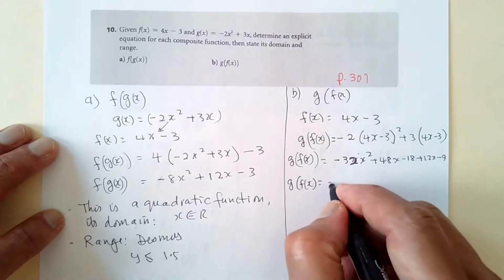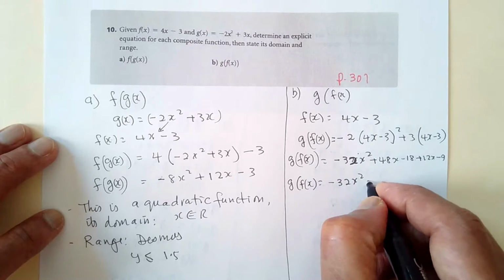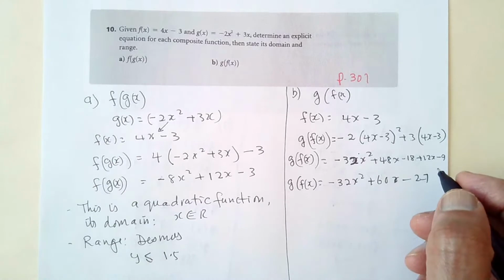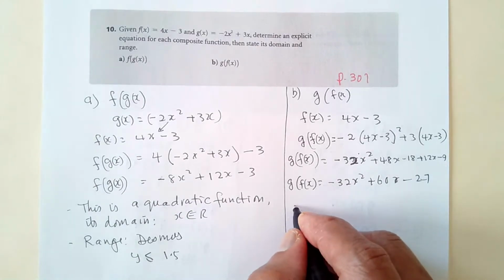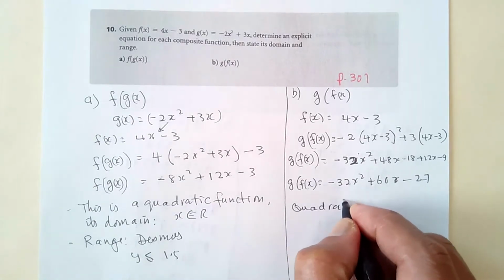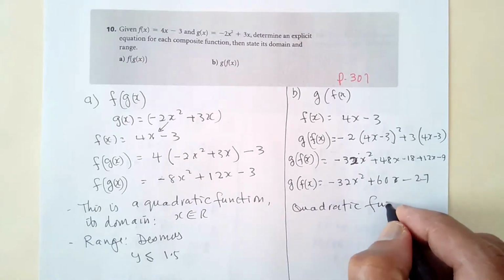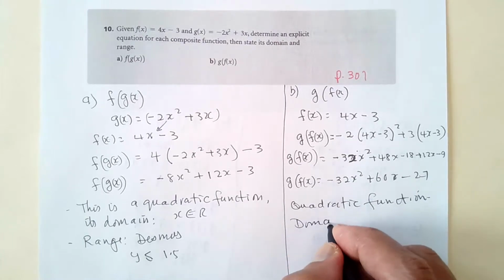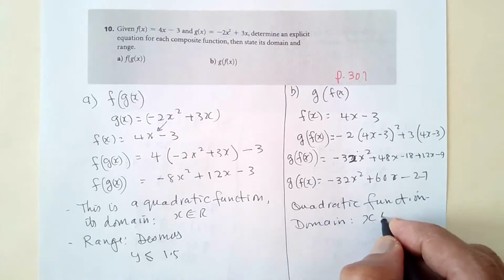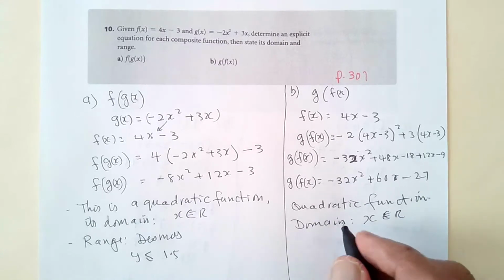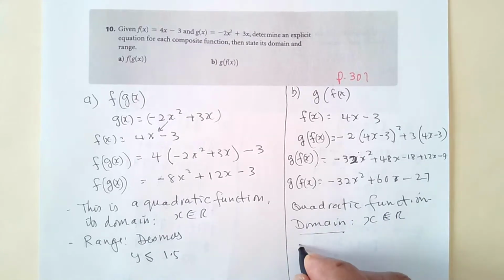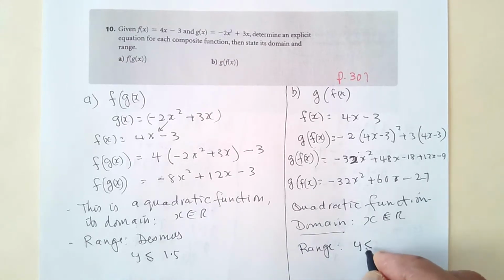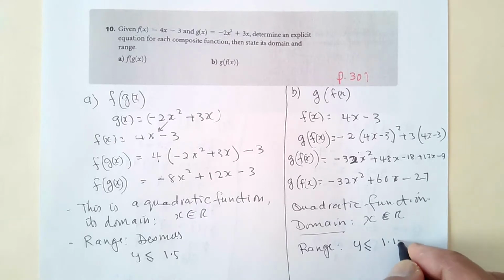Combining like terms, I end up with negative 32x squared plus 60x minus 27. Oh, it's another quadratic function. So domain, x is the set of real numbers. And using Desmos, the range is y less than or equal to 1.125.